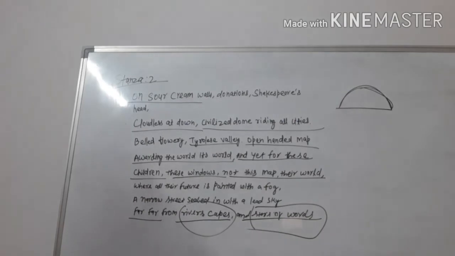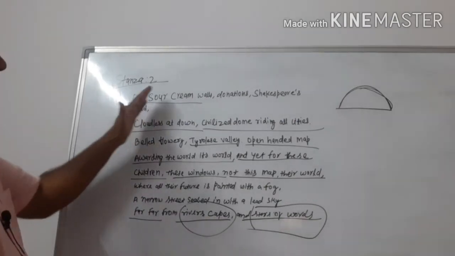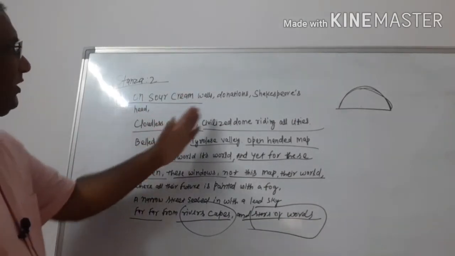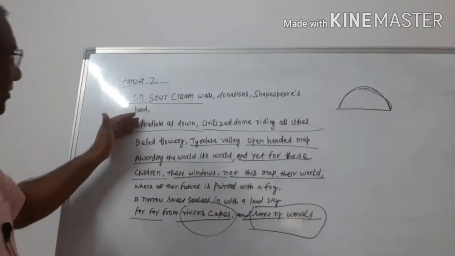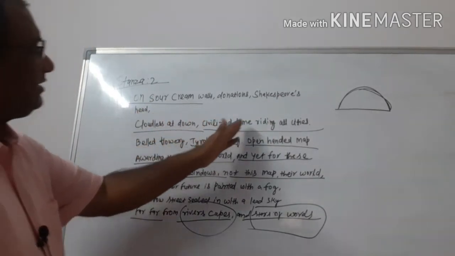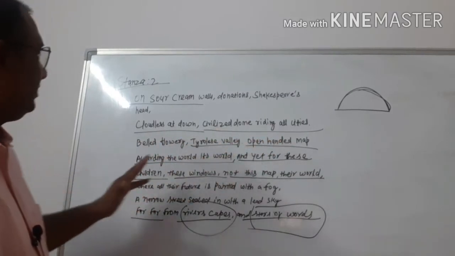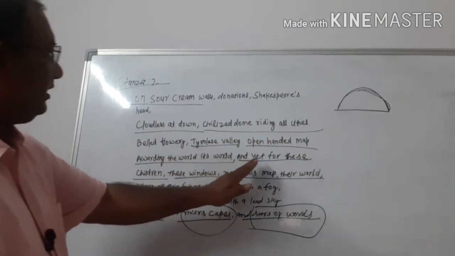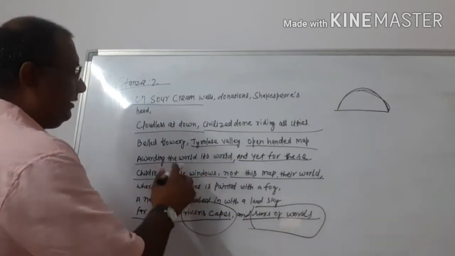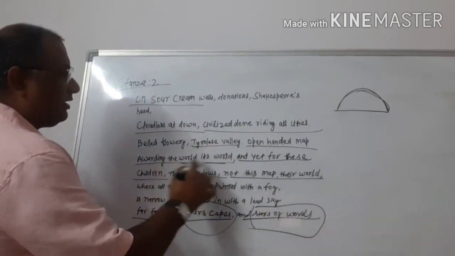So here what we have found is: on the sour cream walls, donations, Shakespeare's head, cloudless at dawn, civilized dome riding all cities, belt flowery, tireless valley, open-handed map, awarding the world its world. And yet, we can find poetic devices here: verse, sound, alliteration.